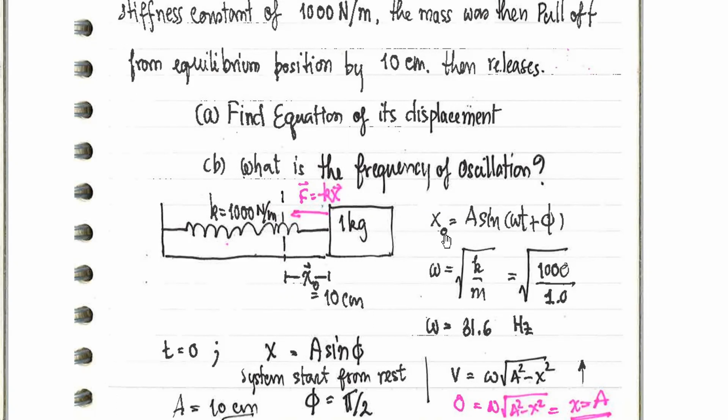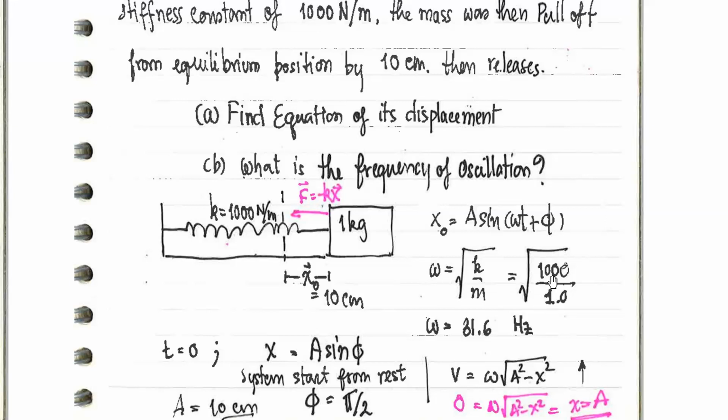So we start with x equals A sine of omega t plus phi, and omega is the square root of k over m. In this question, the stiffness constant of the spring is 1,000 newtons per meter and the mass is 1 kilogram.